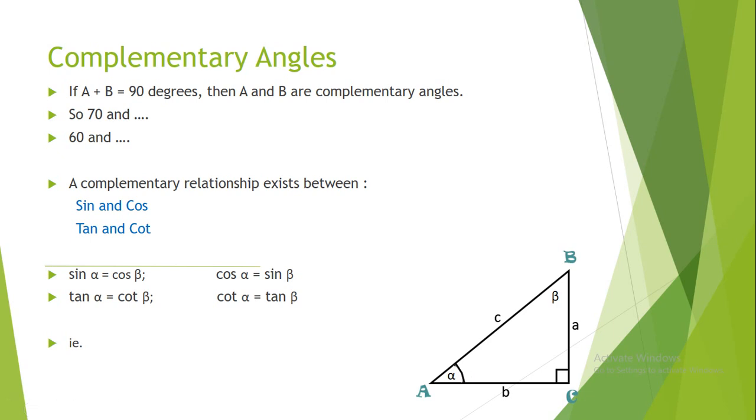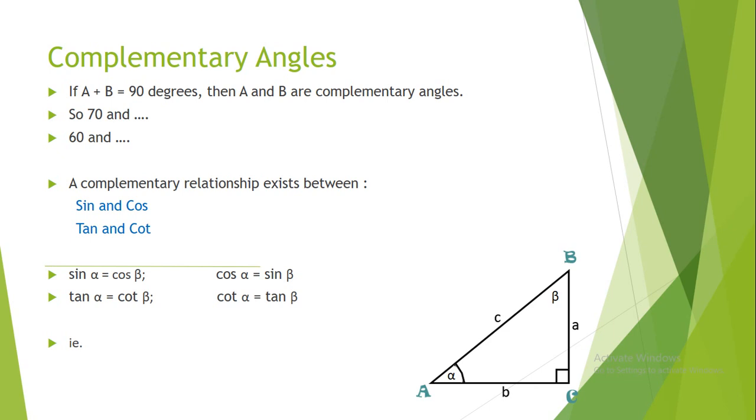So if I tell you sine 15 is the same as cos 85, you should be able to tell me that that is false, because 15 plus 85 will give you 100, but not 90.